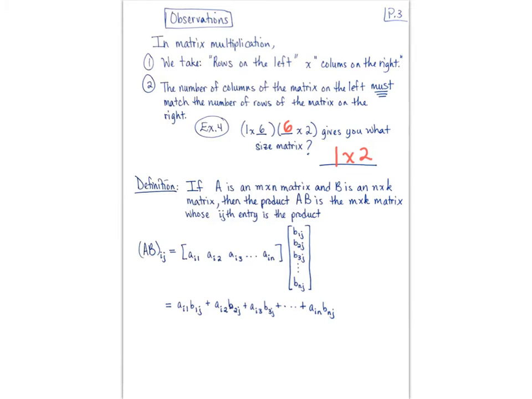So you multiply the ith row times the jth column. That means you multiply Ai1 times B1j plus Ai2 times B2j plus Ai3 times B3j plus everything out to AiN times BNj. So that gives us the general definition of what we've already discussed.